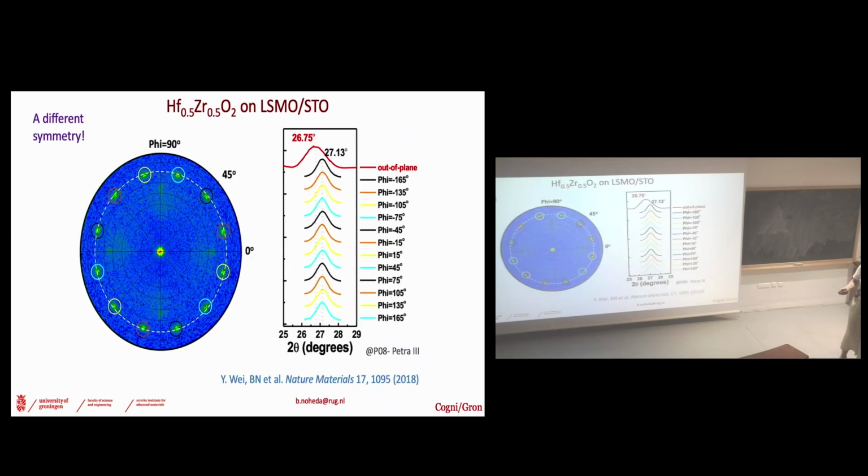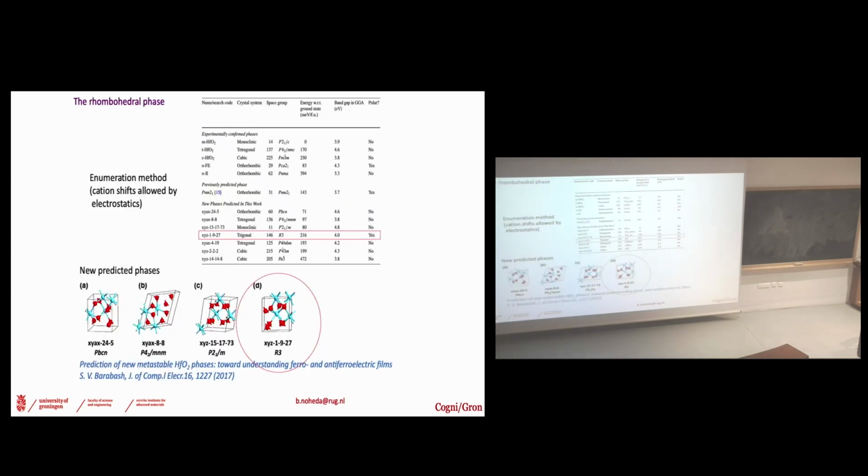So we did more detailed analysis, pole figures, and so on, and we saw all these different poles. This is the 111 peak out of the plane, and then you look at the other 111 peaks, and you see 12 poles, which means you expect 3 from the other 111 peak. So you see 12 poles. This means you have 4 different domains, which corresponds to the 4-fold symmetry of the substrate. And this is indeed what we found.